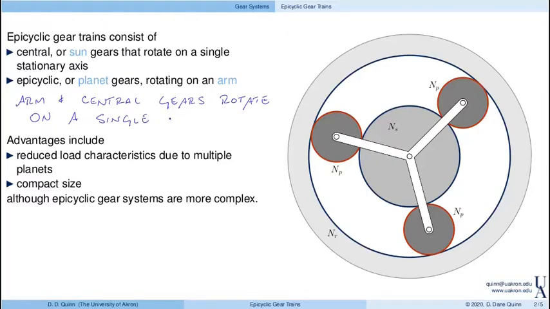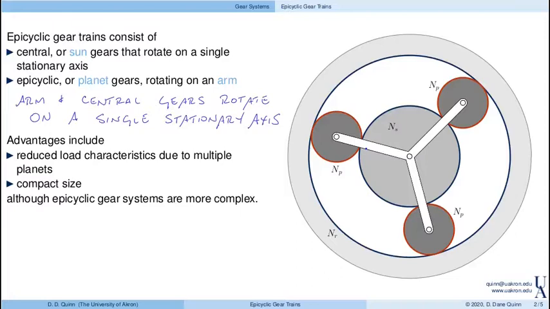And that axis is stationary. So here, for example, N S, this large sun gear, and the ring gear, they both rotate about this central point, as does the arm that carries the planets along.